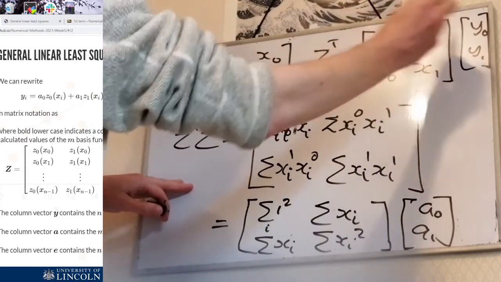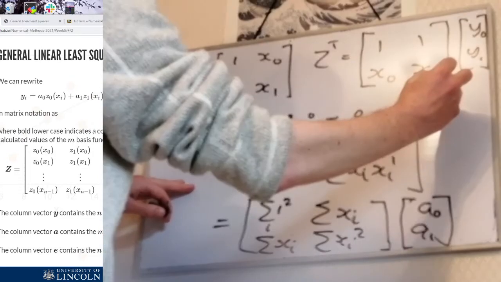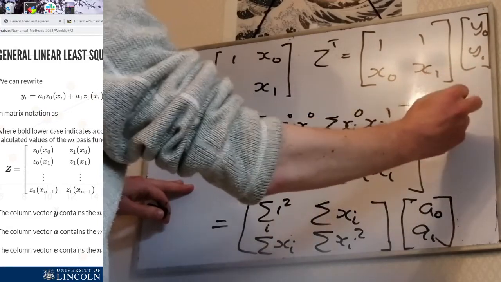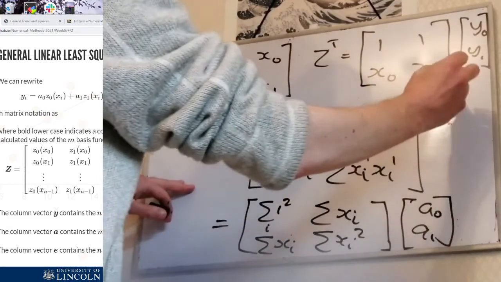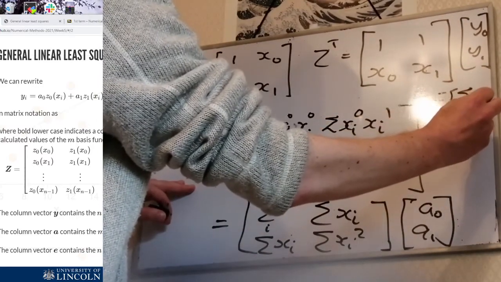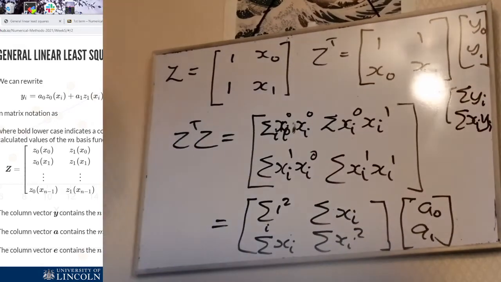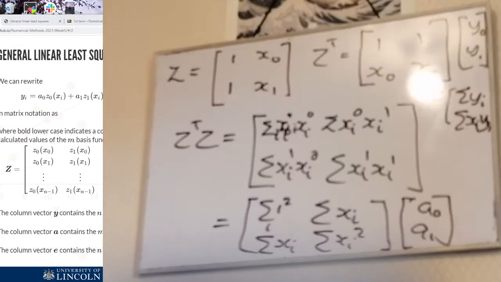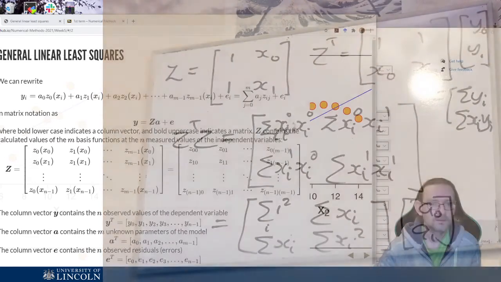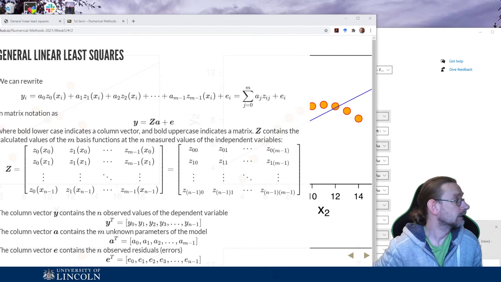When we multiply this out, I'm going to get that equal to the sum of the y's and the sum of the x's. That's kind of what it looks like for the quadratic, sorry, for the linear thing.